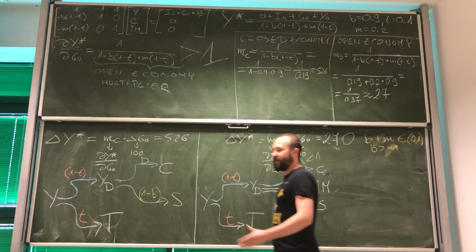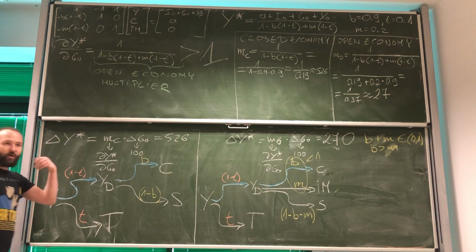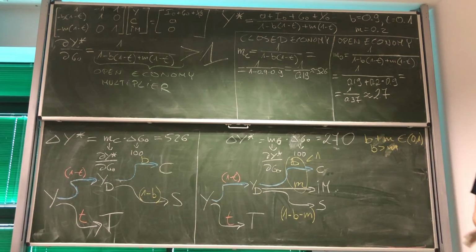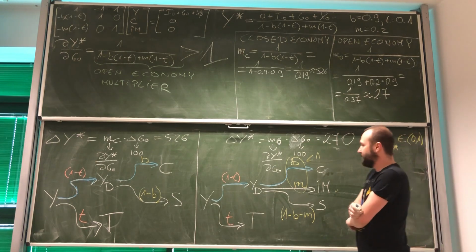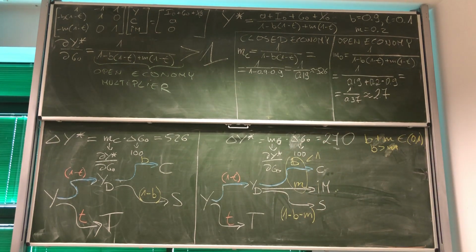And look, it makes perfect sense. In the closed economy, when you were receiving income, you were spending part of it, given by MPC, on domestic goods.